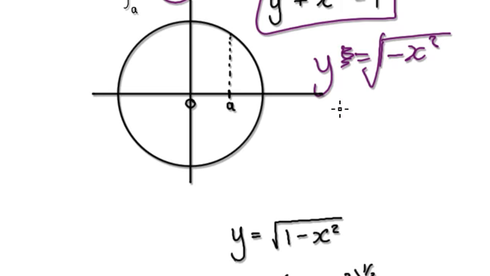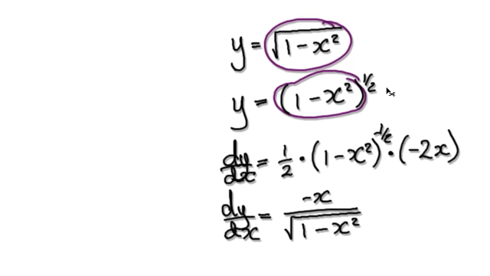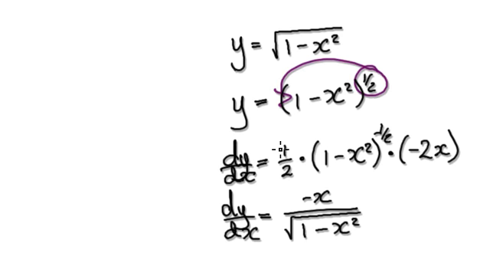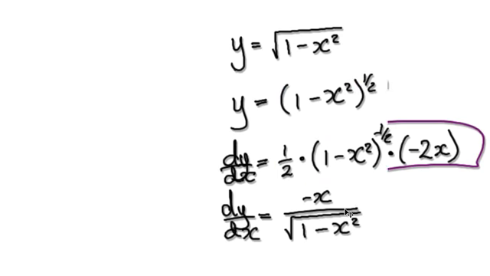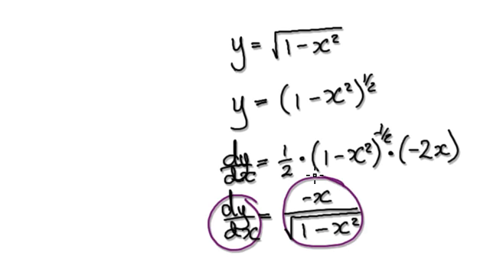That will take you to here. Okay, so again we are still trying to find dy by dx. So reimagine this as this, and then when you differentiate it, use the chain rule, and that will give you this. Tidy this up, and it will give you this. So dy by dx equals this thing.